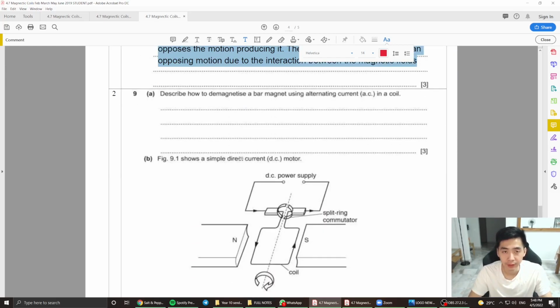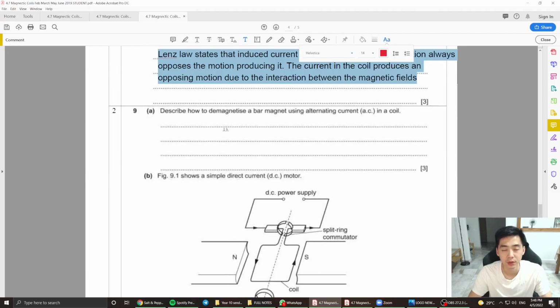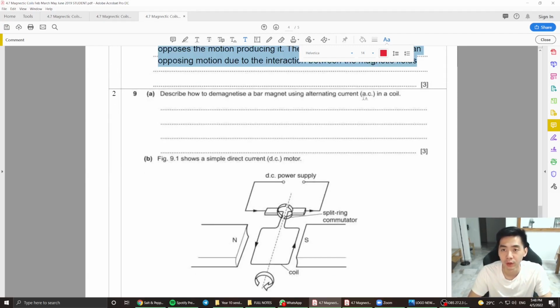And finally, to the last part here, no, not the last part, second last part here: describe how to demagnetize a bar magnet using an alternating current in the coil. This is quite a standard question with a very standard answer.